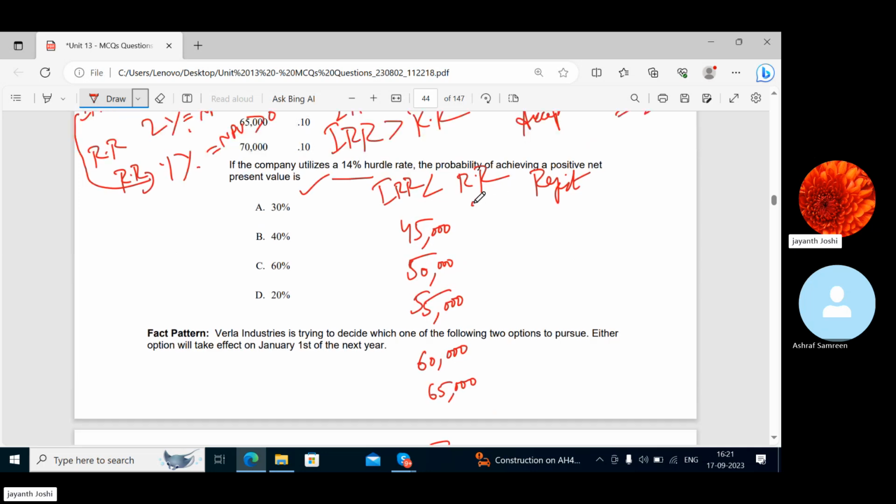So can you, at the rate of 14%, find out the discount factors and tell me the cash flows?